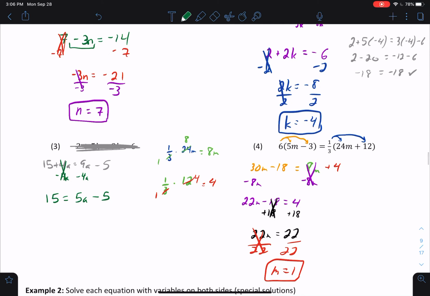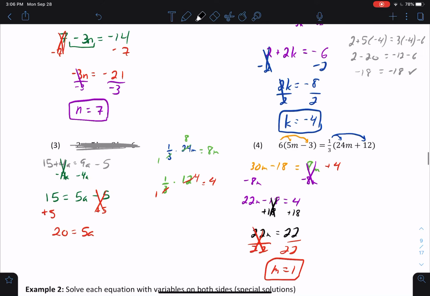All right, so if I subtract 4a from both sides, now I'm dealing with 15 equals 5a minus 5. Next step, add 5 to both sides. 20 equals 5a. My final step is just going to be divide both sides by 5. A will equal 4.